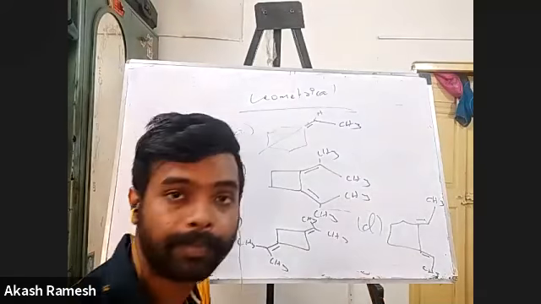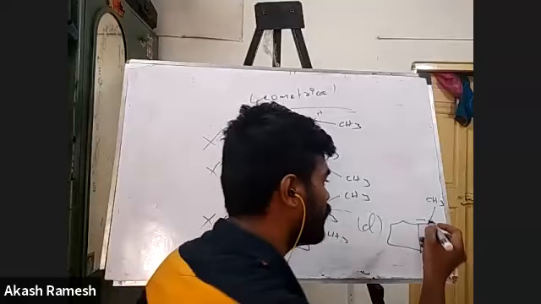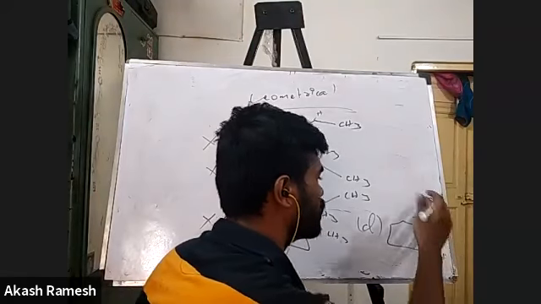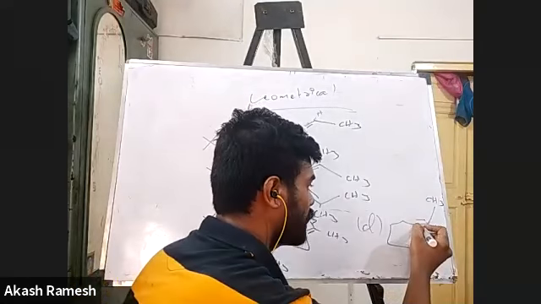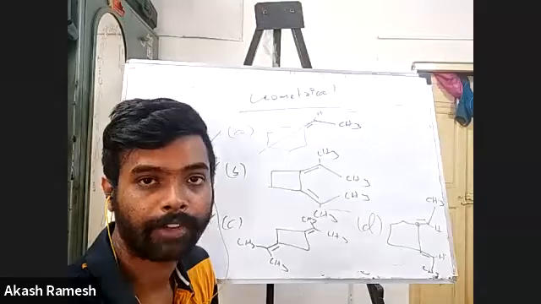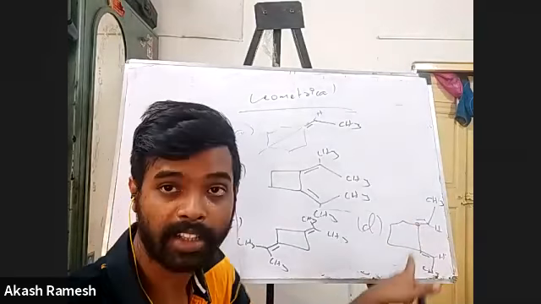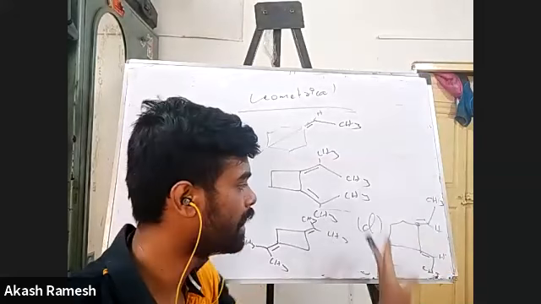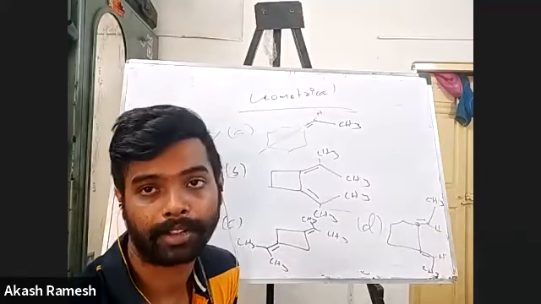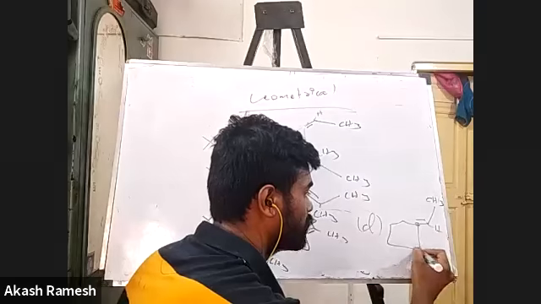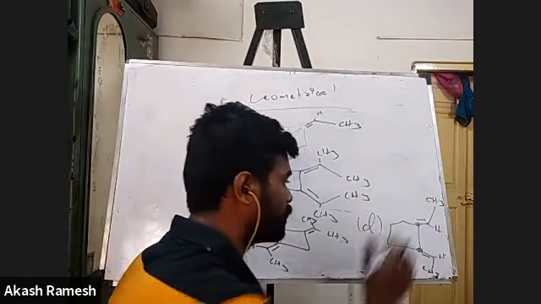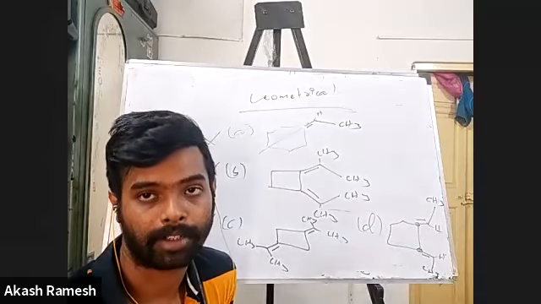Let me look at this. Again, I have a H, and again a H and a CH3. So this carbon atom, no problem. But for this carbon atom, do you see any symmetry? Obviously, this side and this side are different. Same goes with this also. I have hydrogen and CH3. For this carbon atom, this side and this side are completely different.